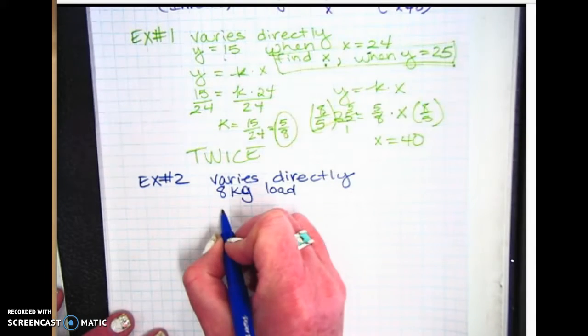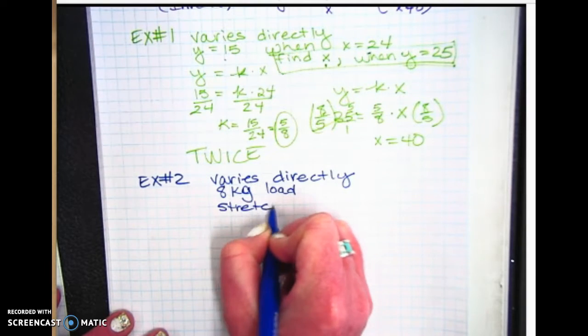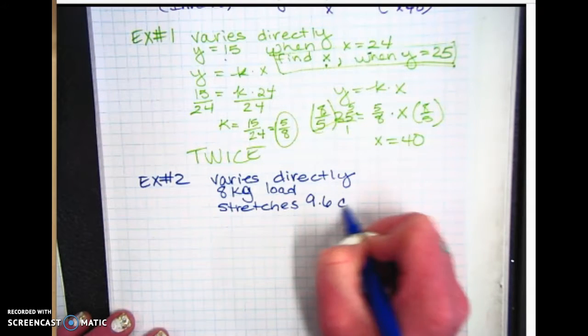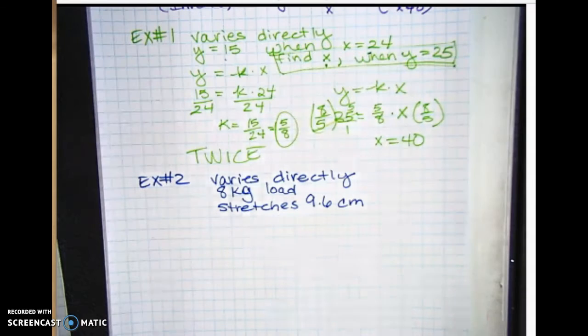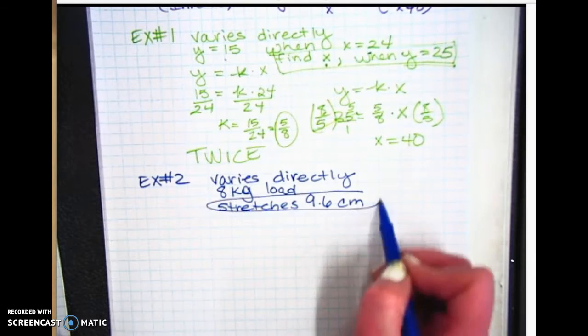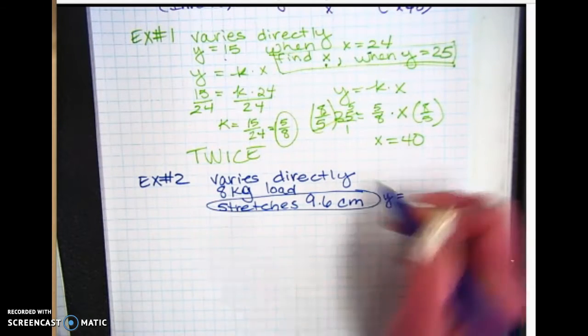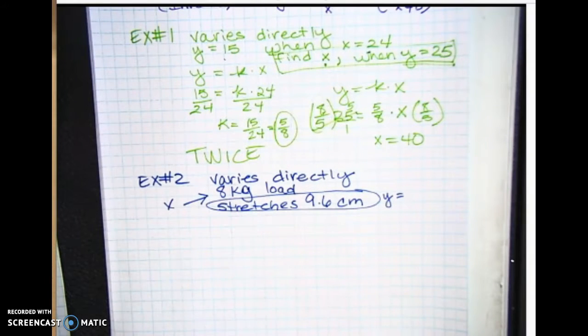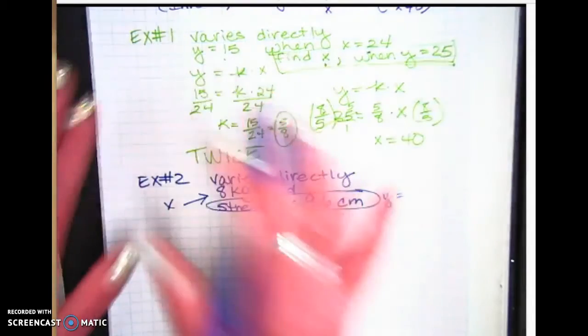And then it's going to say that it stretches 9.6 centimeters. Okay, so that's going to be your y. So whatever they tell you here, this is going to be your y, and this is going to be your x. So we're going to find k. You kind of have to read it. It's just kind of weird.